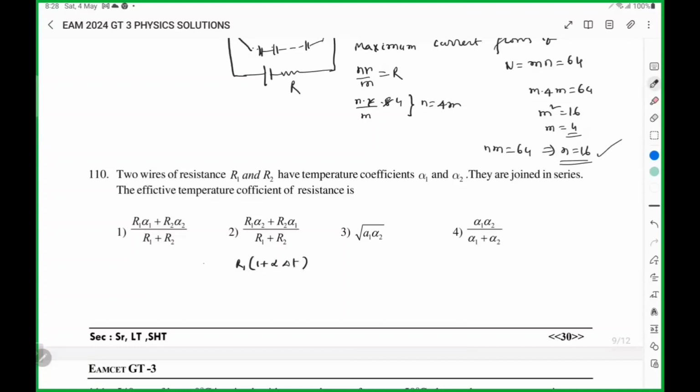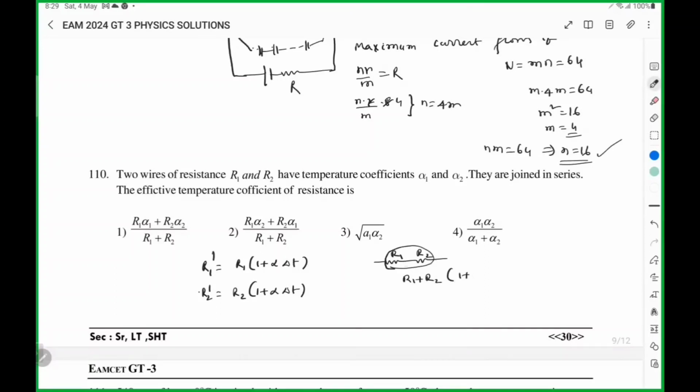Once temperature is raised, its new resistance R2 dash is R2 into 1 plus alpha delta T. When they are connected in series, initially effective resistance is R1 plus R2.